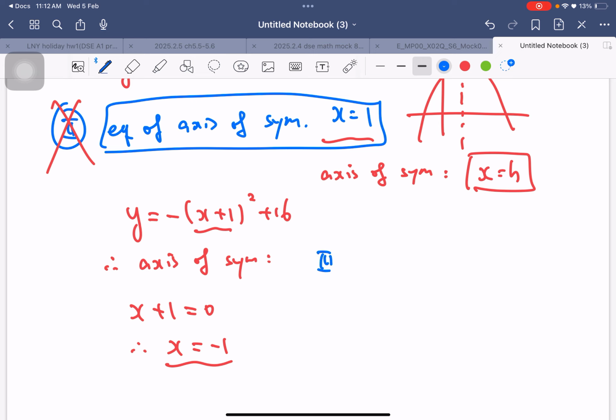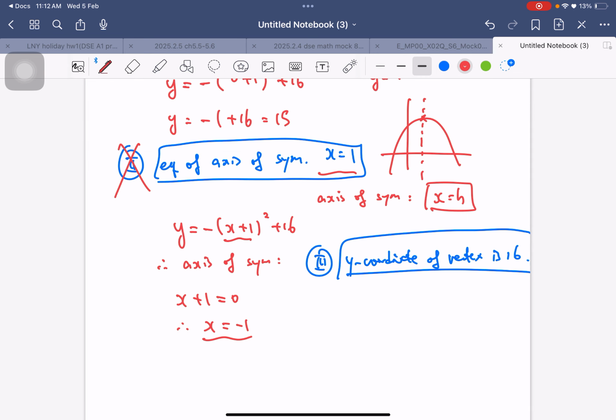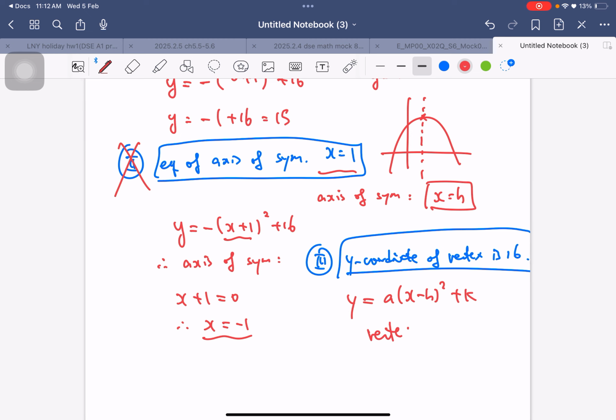Then for the third one, the y-coordinate of the vertex is 16. Is this correct? Yeah. Why? Isn't it because that's the c, c equals 16? If you have y is equal to a(x minus h) squared plus k, what is the vertex? y equal to k, right?